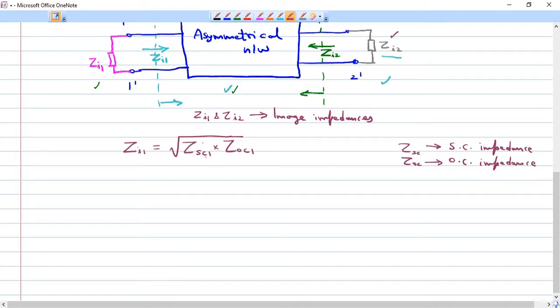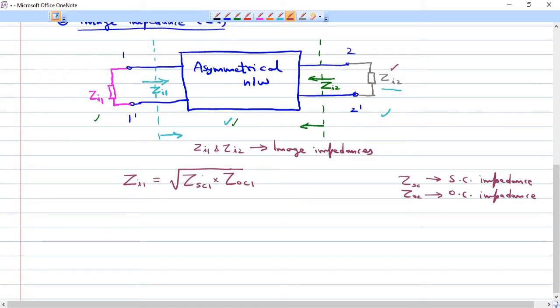Okay, so what is ZSC1? ZSC1 is the, we have the network like this. So this is our asymmetrical network.